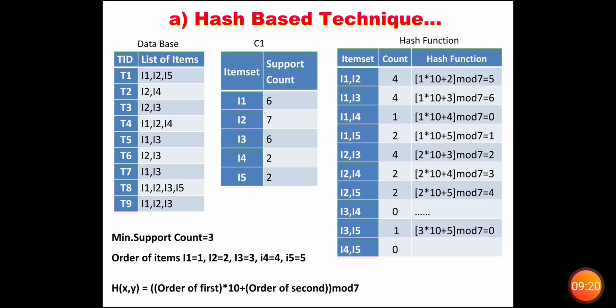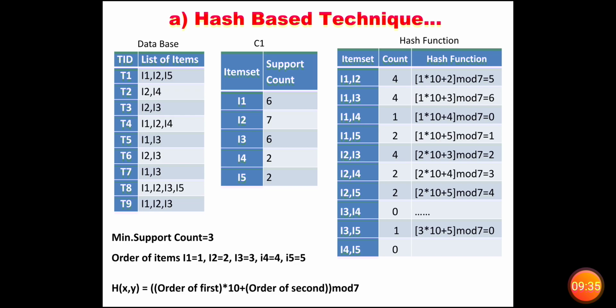In the hash function table, we can take the first one, I1, I2, count is 4. The hash function is 1, which is nothing but the I1 value in order, the order of the first one.